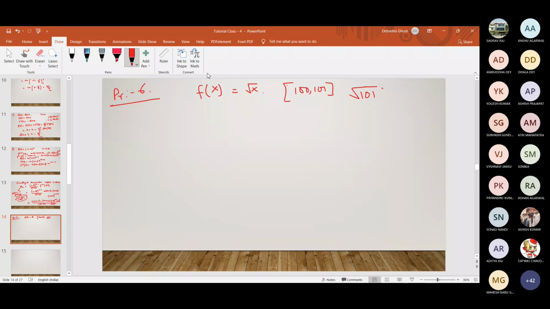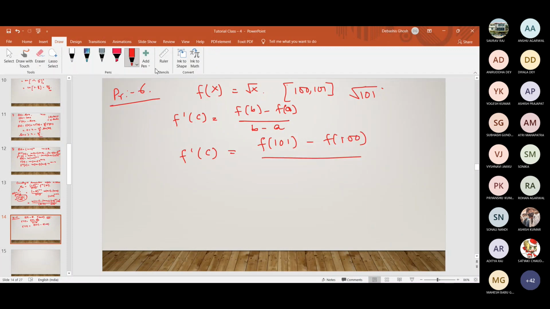So therefore f dash c equals f of b minus f of a, divided by b minus a. So f dash c is equal to f of 101 minus f of 100, divided by 1.